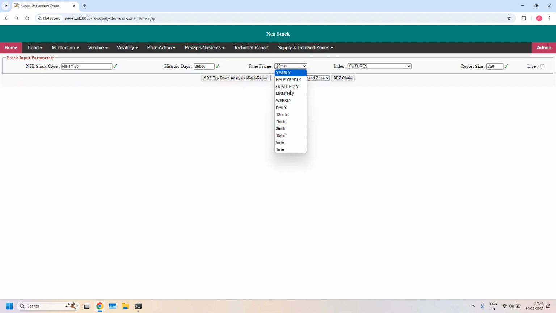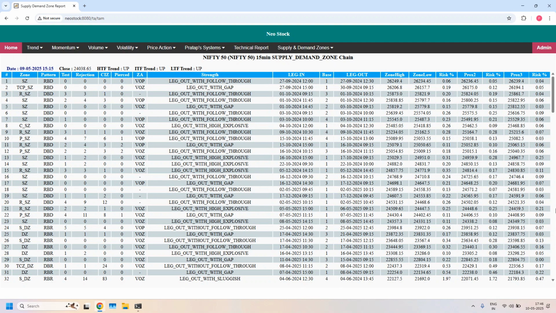Next, generating 15 minutes supply demand zone chain for Nifty. And the nearest demand zone to the current closing price is at serial number 24. So let me put it in the middle of the page.